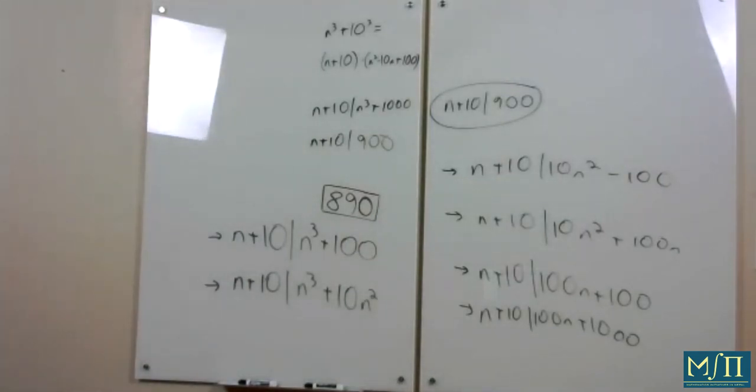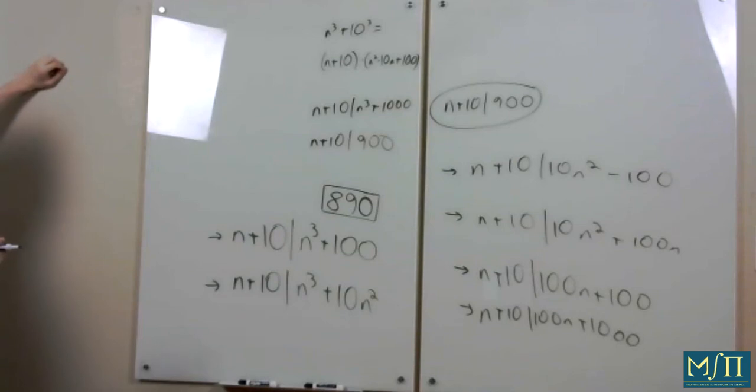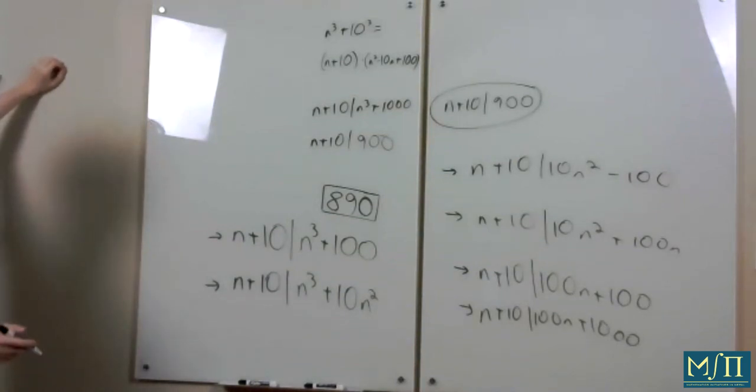In fact, this relates to a fundamental fact about polynomials: whenever you divide a polynomial p of x by x minus c, where c is a constant, the remainder you get is p of c. But again, I don't want to talk too much about these algebraic polynomial facts, because I do want to focus on the topic of number theory somewhat.